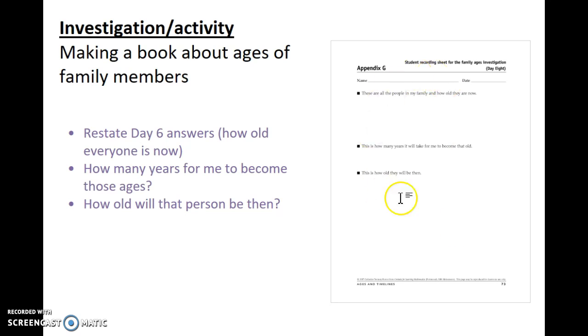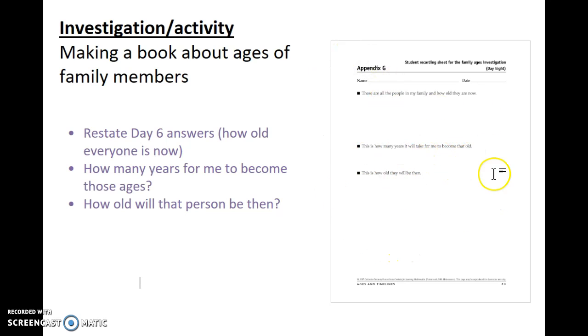You're probably going to want to give them more paper than this one sheet, or make a choice. Either give them lots of scrap paper to work on, and this is the one sheet that holds it all together, or give them one sheet of this paper for each family member to show it on, or just another totally separate sheet that keeps track of all of this stuff in a more organized way.